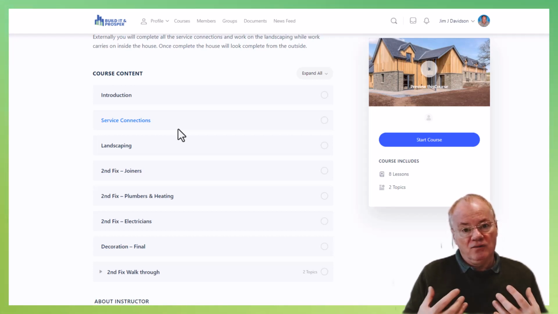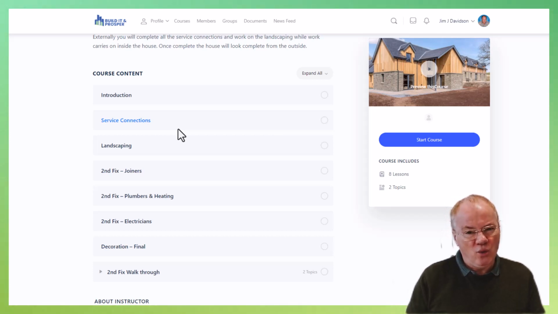Now, while you've got your ground workers there, then there's a good opportunity to actually get on with the landscaping, and presumably all the works have been completed on the outside at this stage, and so therefore you can complete the landscaping while work continues on inside the house.